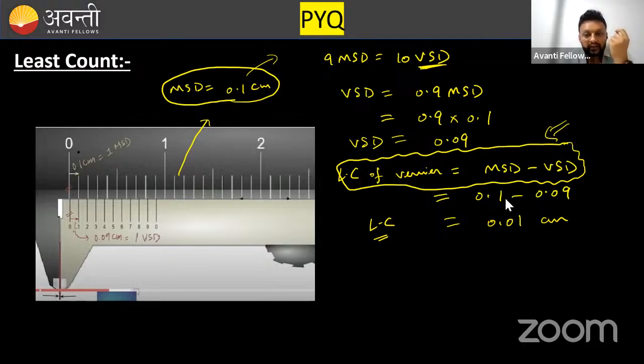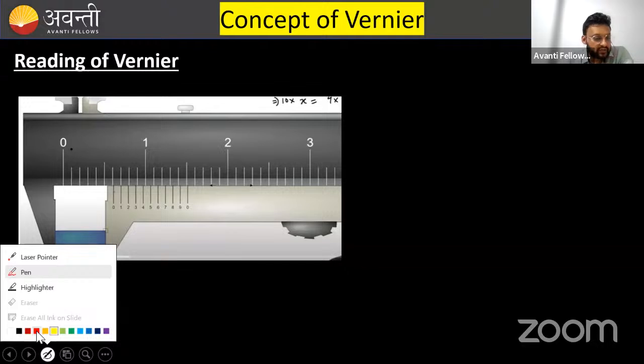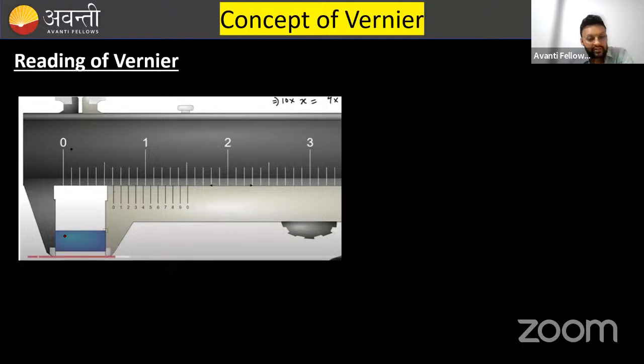Next is how to take the readings. Let's suppose this distance you have to measure, and you fix it in the jaws. First, notice this is your vernier scale and this is your main scale.